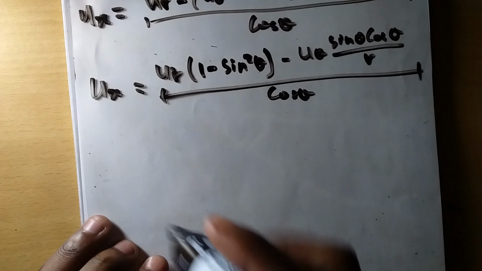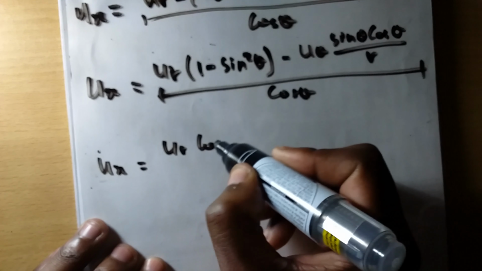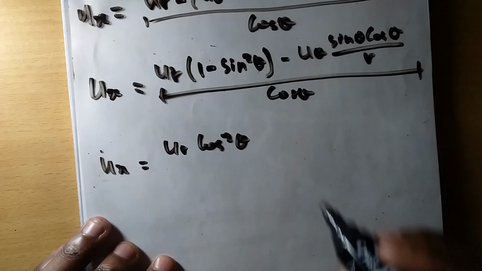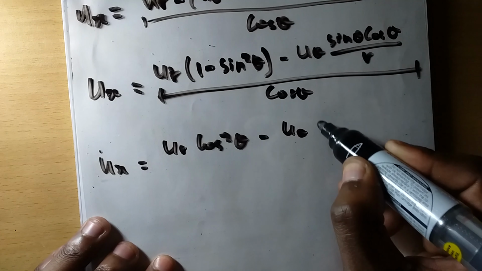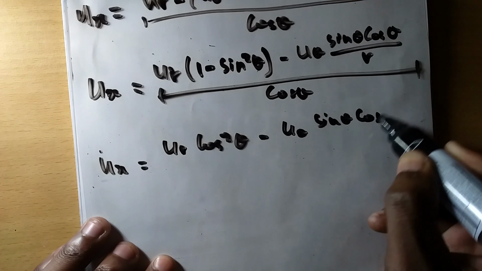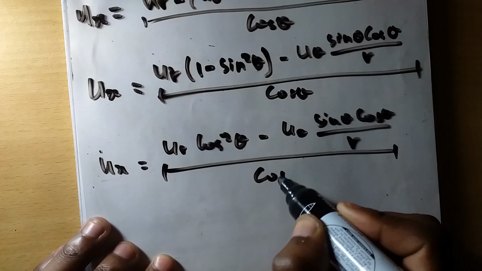So our U_x is equal to U_r cos squared θ minus U_θ sin θ cos θ divided by r, and everything divided by cos θ.